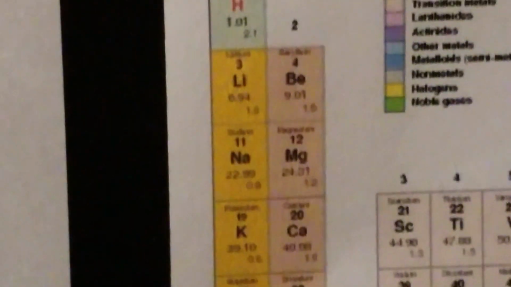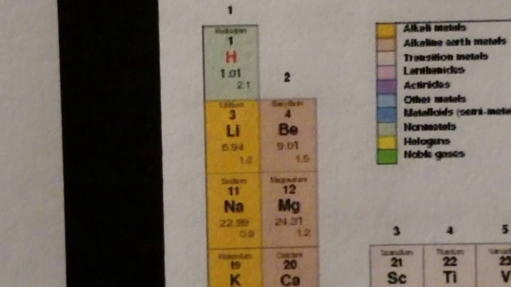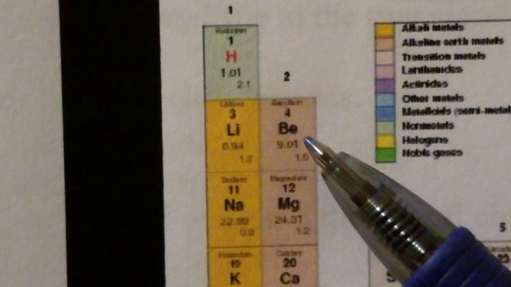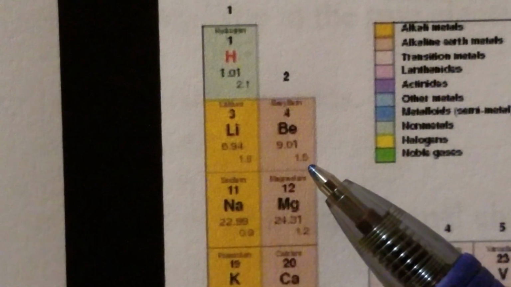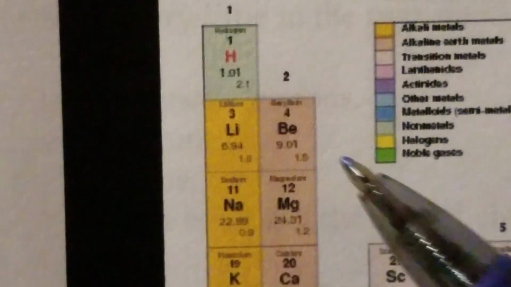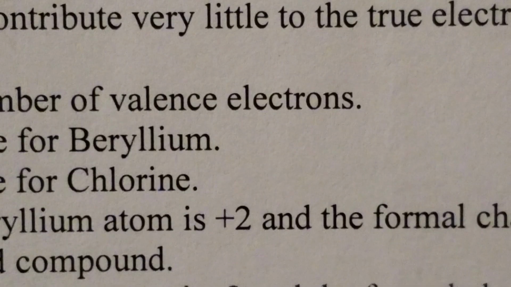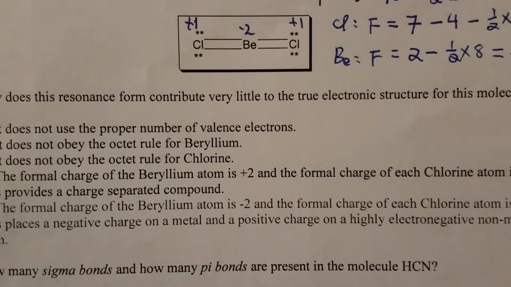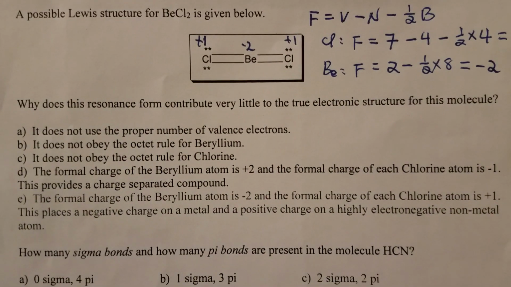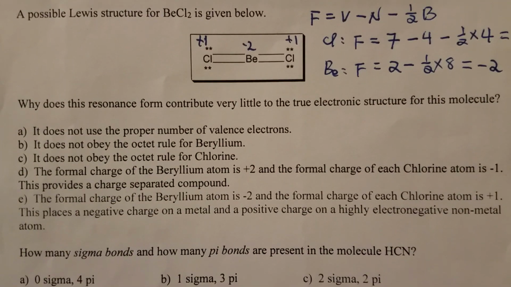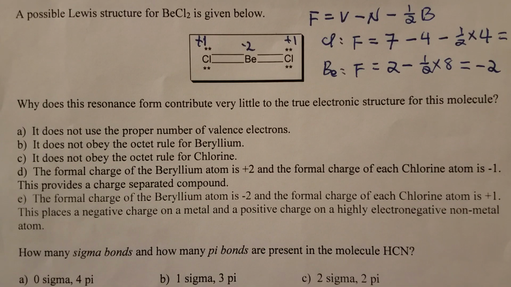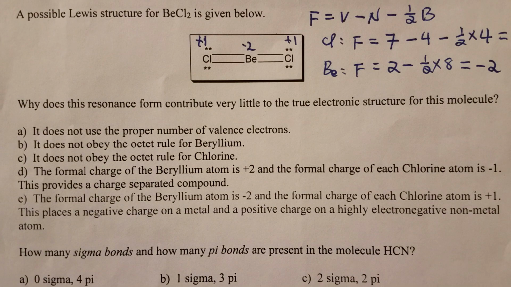Barium, on the other hand, is very low, just 1.5. So chlorine is much more electronegative than barium. Then what problem do we have here?